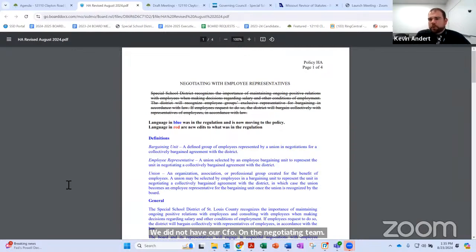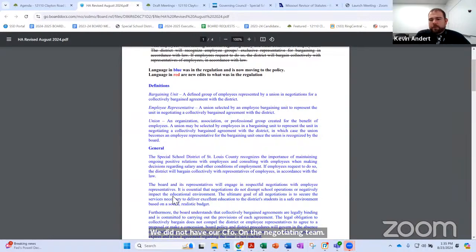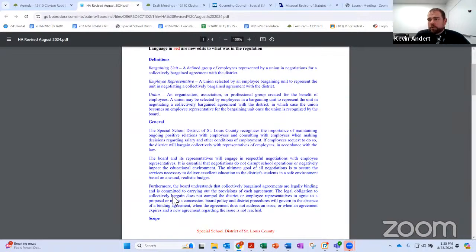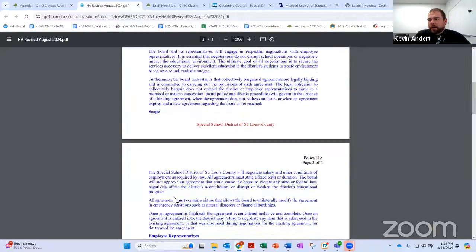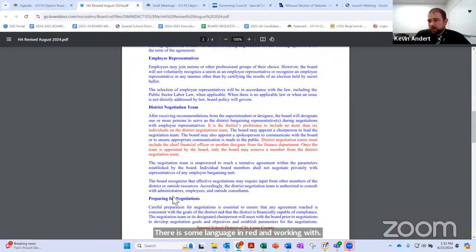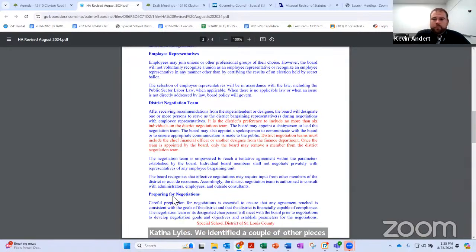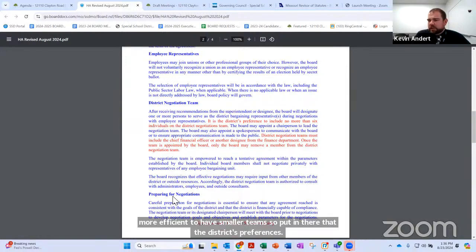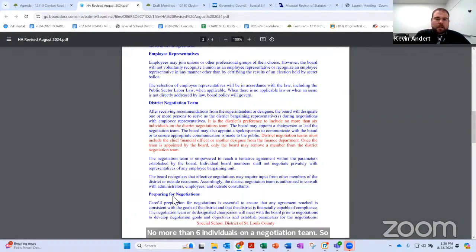Everything in blue is language taken directly from the existing regulation, just moving it to the policy. There is some language in red, and working with Katina Lyles, we identified a couple of other pieces we wanted to shore up a bit. One was the size of negotiation teams. It's much more efficient to have smaller teams, so we put in that the district's preference is no more than 6 individuals on a negotiation team. That way we're keeping groups smaller and easier to build consensus.